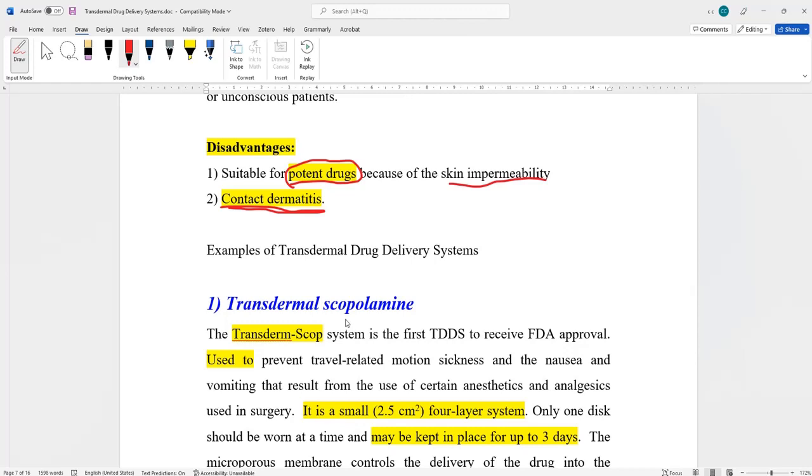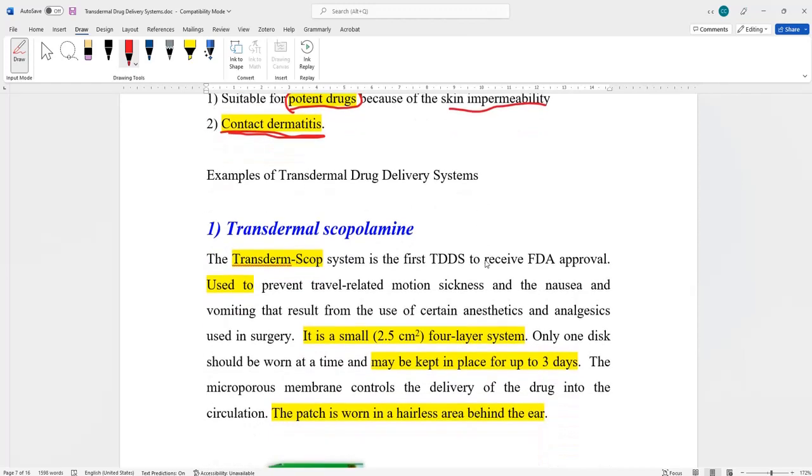Now, what are the examples? If I ask you, give me examples of transdermal drug delivery systems that may be available in UAE. So what are they? One, you have the scopolamine, transdermal scopolamine. What is this used for? It's used for travel-related motion sickness.